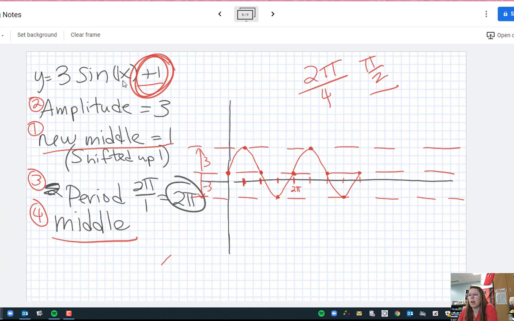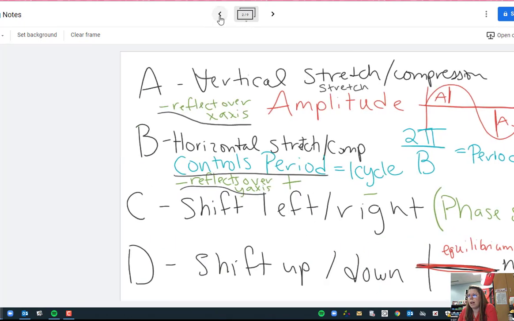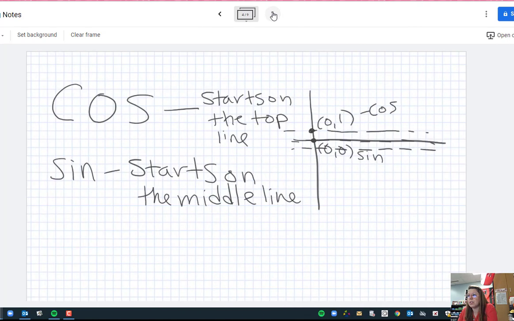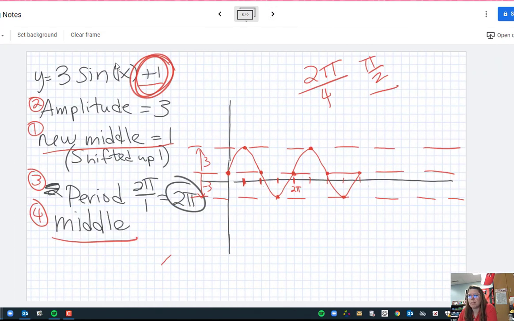Then I need to figure out what the period is and where I'm going to start. And so the period comes from this number that's in front of x. Just like in our equation, back a few pages, this number in front of x. So just because there's nothing there doesn't mean there isn't a number. There's a 1. So I have to take 2 pi and divide it by 1, and so it's just 2 pi.